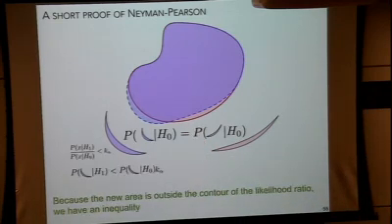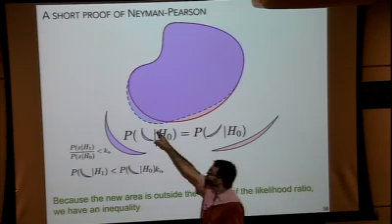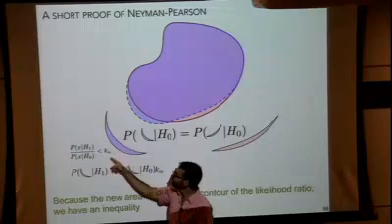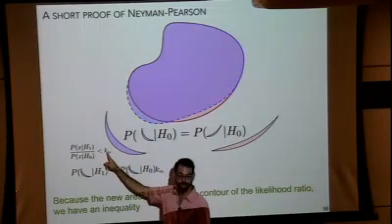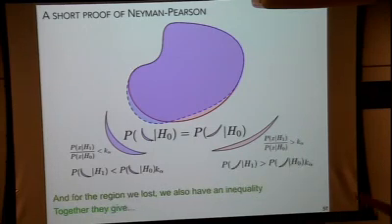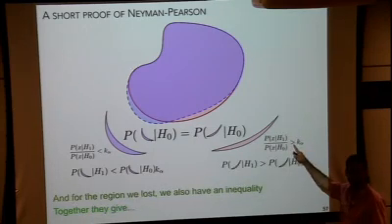And then I know that for all the stuff out here, it's on the wrong side of the likelihood ratio. So I know for all these points in the blue that the likelihood ratio is less than that contour level. And on the other side, I know it's greater, right?